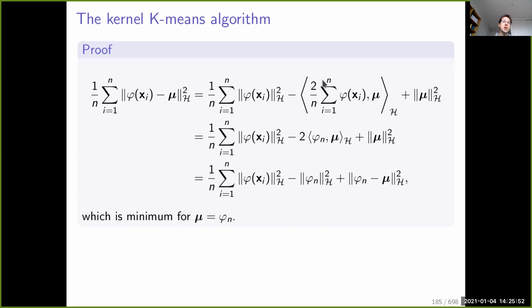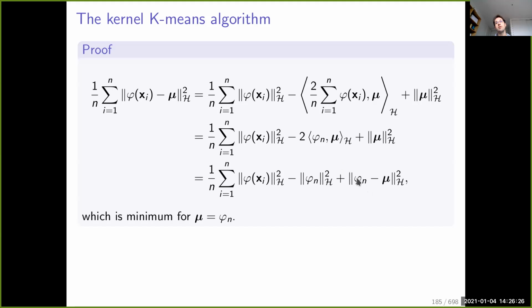We are quite lucky because naturally we have this quantity here, this average, this mean of the phi of xi, which is exactly the center of mass that we have called phi n, such that we can simplify this into this second line, which is, here we simply have -2 times the inner product between phi n and mu. And now we use basic properties again of the norm and the inner product, simply to rewrite this second line as the difference of two terms here.